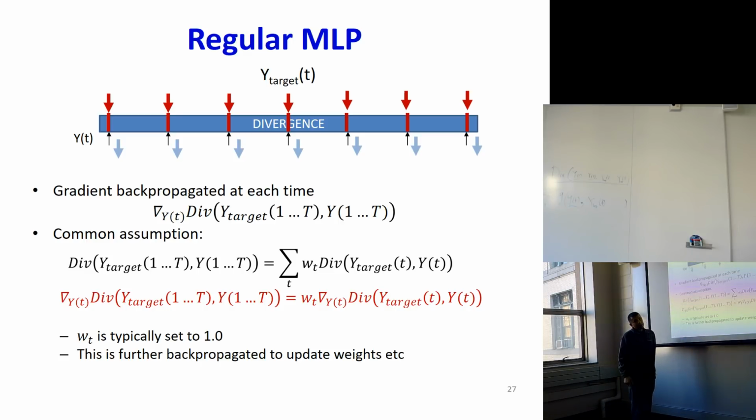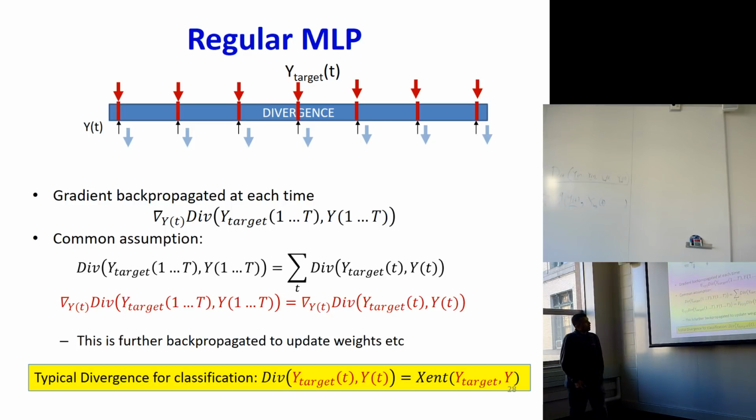And so if I want to compute the derivative of the divergence with respect to the output at any given time, that's simply going to be the weight at that corresponding time times the derivative of the local divergence, because I've defined the global divergence as a sum of local divergences. Keep in mind that this definition is not necessary. I could have other definitions. This tends to be the most common assumption. This is what we will work with, right?